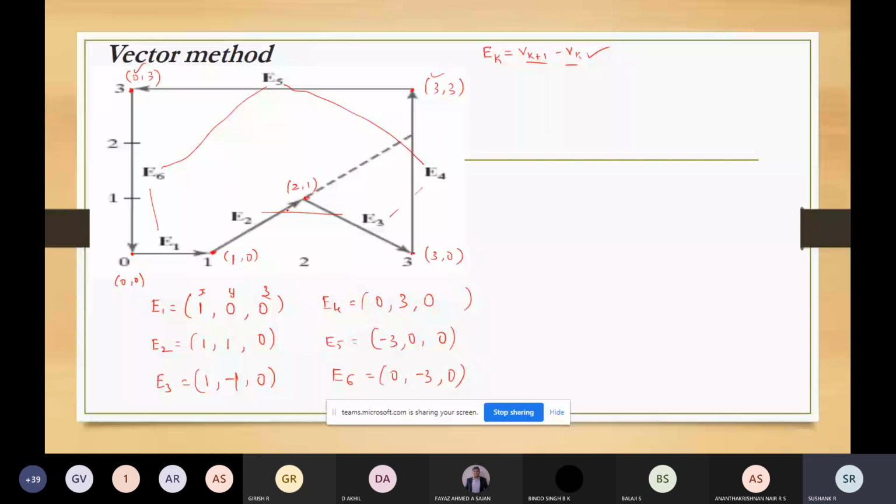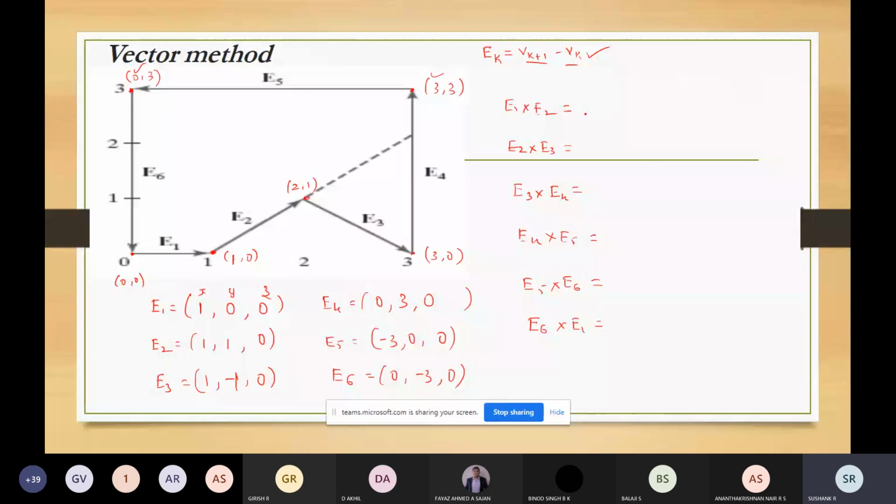Now we need to find E1 into E2, E2 into E3, E3 into E4, E4 into E5, E5 into E6, and E6 into E1. So now we need to find the cross product of two successive edges.